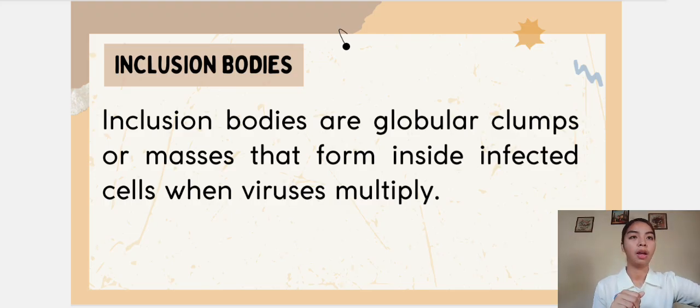These are globular clumps or masses that form inside the infected cell when viruses multiply. Aside from that, inclusion bodies are very useful in identifying what kind of virus infected the cell, because each type has a specific location and a specific appearance. Mamaya malalaman natin yan.